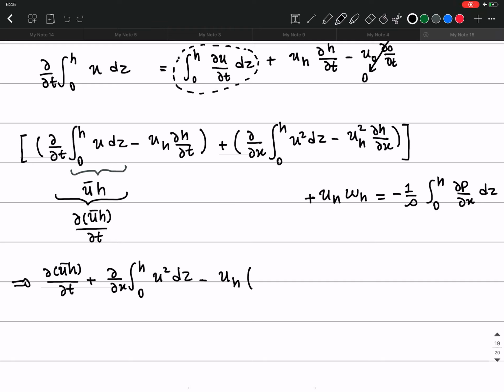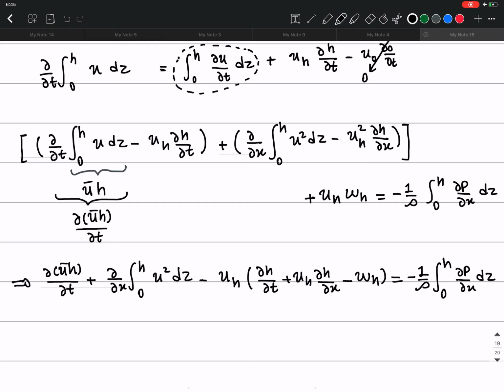It's going to be partial h over partial t, and then plus u_h partial h over partial x, and then minus w_h equals to minus 1 over rho, the integral from 0 to h partial p partial x dz.